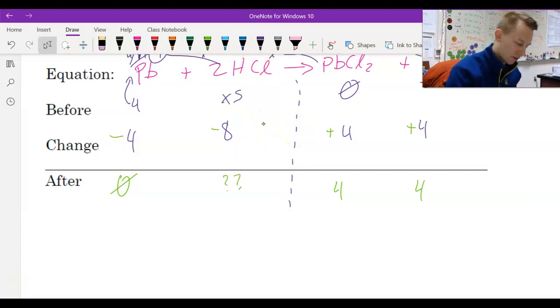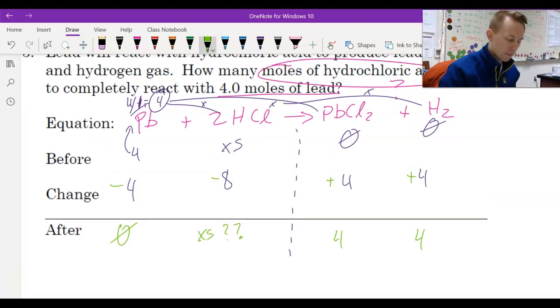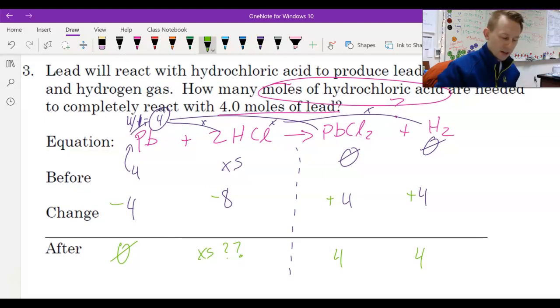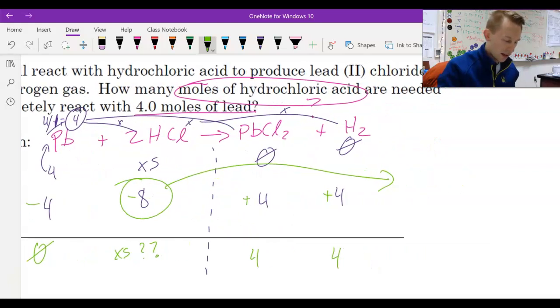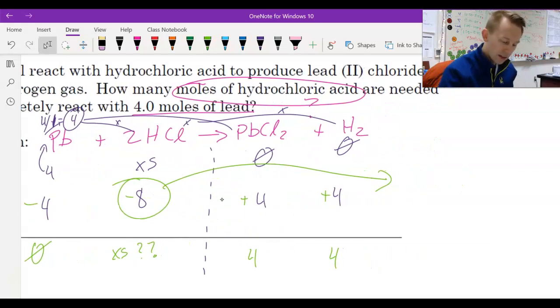We weren't told how much we had to start with, so we're going to hope that we have some excess. Then we go back to the question: how many moles of HCl, hydrochloric acid, are needed to react? Well, 8. We need 8, right here, just like the previous problem. We need 8 moles of HCl.